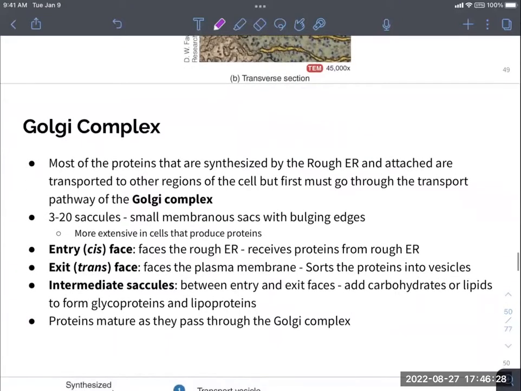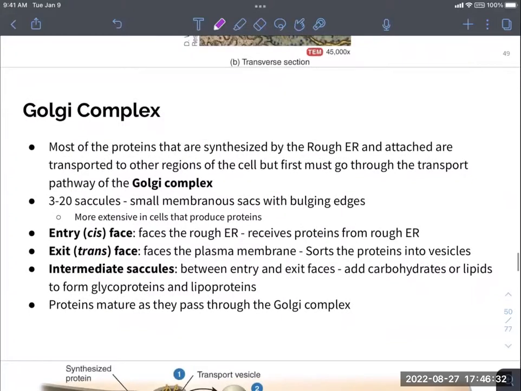And as part of this whole protein process, we have what is called a Golgi complex. The Golgi complex is where most of the proteins made by the rough endoplasmic reticulum are transported to, where they go to mature.